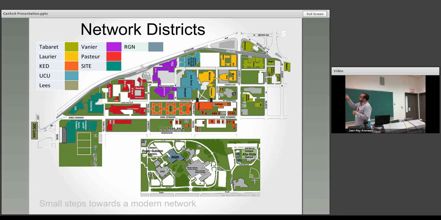So if one district has a problem internally, it doesn't really affect the rest of the campus. Also, I'll talk about this further on, but we've matched the IP address scheme per district. So growth-wise, we're quite covered in that scenario also. And we can even underlay IP version 6 right on top of the IP version 4 scheme. So again, it allows us rapid deployment of IP version 6.